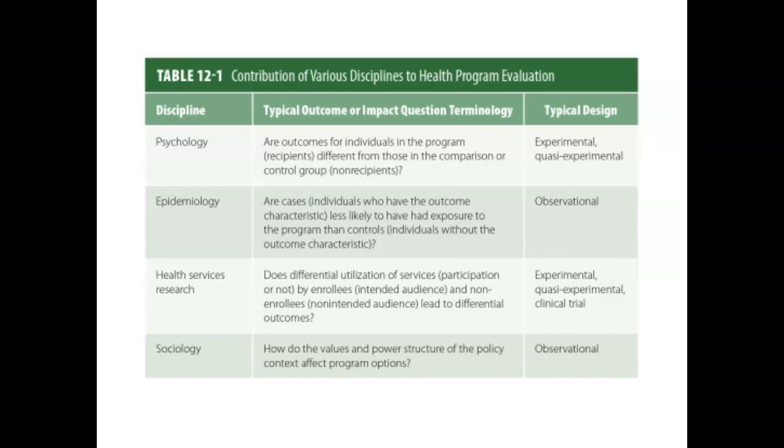And here you can see a typical outcome question used in the field of psychology. Are outcomes for individuals in the program different from those in the comparison or control group? The terms we've used so far in this course and throughout this lecture represent a blend of terms used in social sciences and epidemiology.